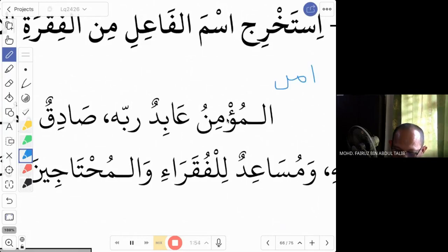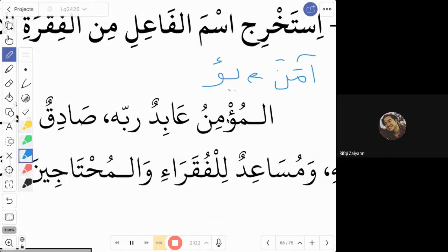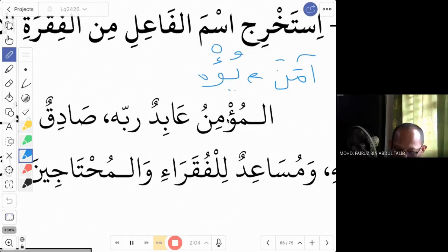Good. Amana rasulu. And the mudhari is? Yu'minu. So from this mudhari, you can change to mu'minun. You see? They are similar. Yu'minu, mu'minu. So mu'minu is the one who yu'minu. Okay? So the believer.